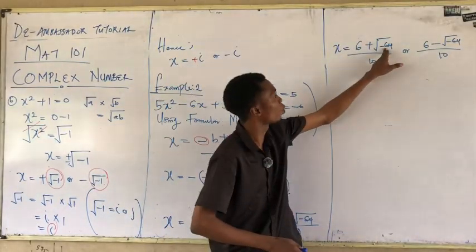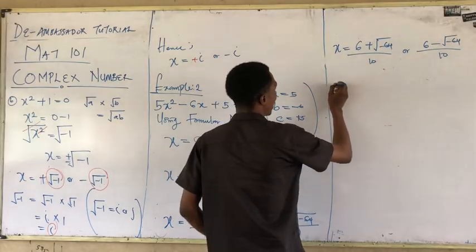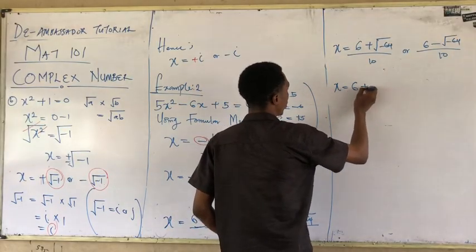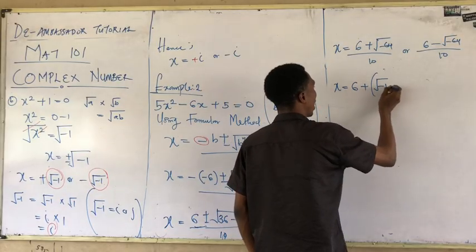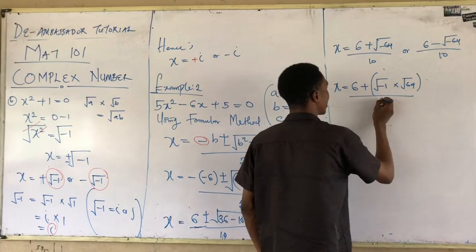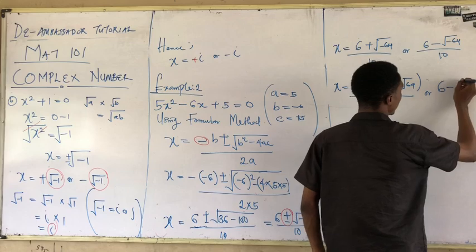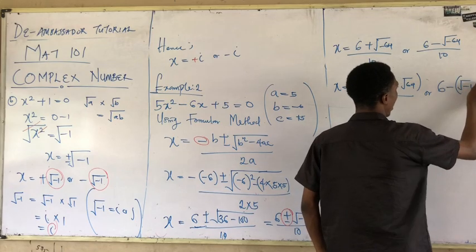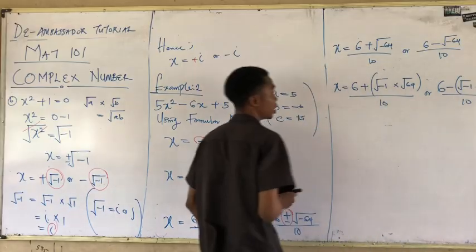Can we find the square root of minus 64? But can it be written this way? We can say x equals 6 plus square root of minus 1 times square root of 64 all over 10, or the same thing applicable to this 6 minus square root of minus 1 times square root of 64 all over 10. Is it possible that way?